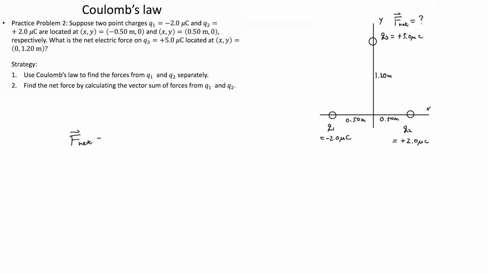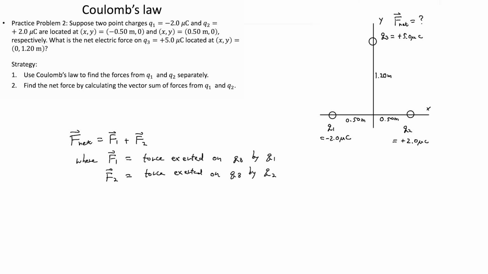We can write the net force as F1 vector plus F2 vector, where F1 is the force exerted on Q3 by Q1, and F2 is the force exerted on Q3 by Q2.